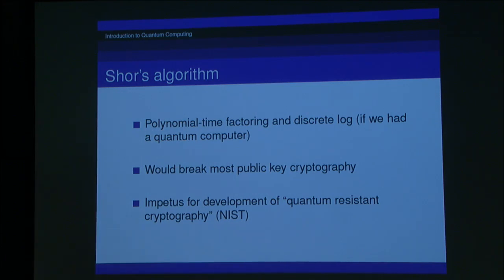Shor's algorithm would solve factoring and also discrete log in polynomial time if we had a quantum computer, and it would break most public key cryptography. So this gives the impetus for the development of quantum resistant cryptography, which you've been hearing about all week long in Kristen's part of the course.